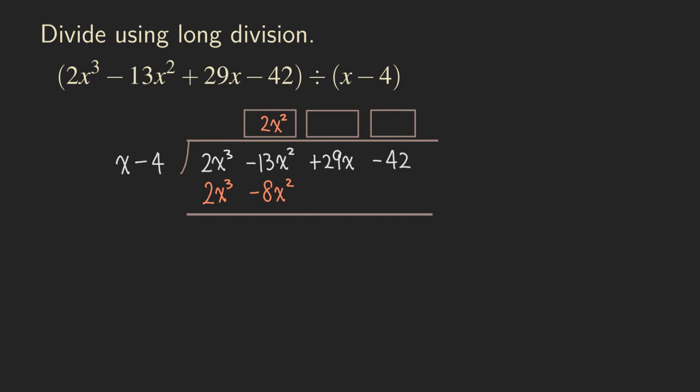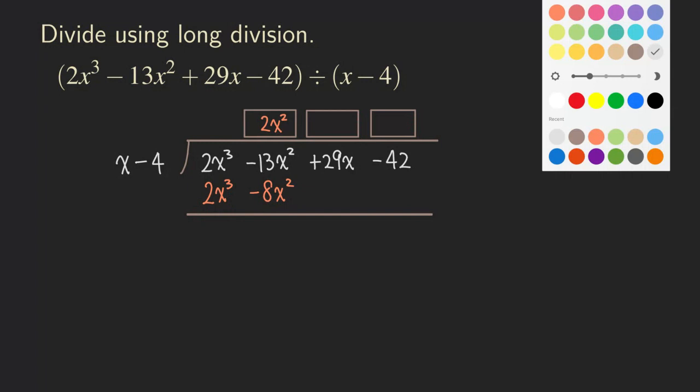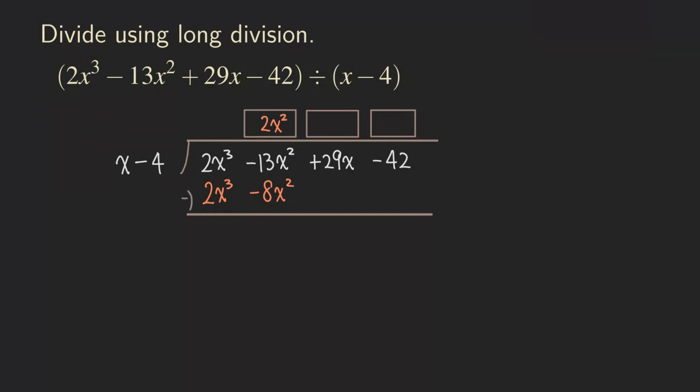Now let's do the subtraction. We chose our answer for the first box based on the first term, because we're trying to get exactly the first term so that when you subtract them, they're going to get canceled. Let me just make a note right here. This is subtraction. This is subtraction. Remember long division, you take the top minus the bottom, and then we put the result below the line, right? So this will get canceled completely because they're the same.